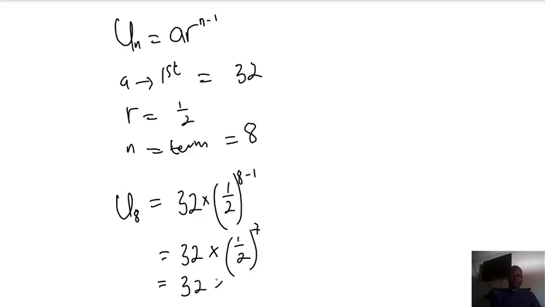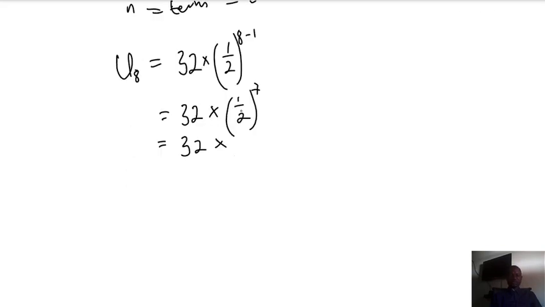So we have 32 times 1 exponent 7, which will give us 1, over 2 exponent 7. What will 2 exponent 7 give us? Because 2 exponent 5 will give us 32, 2 exponent 6 will give us 64, and 2 exponent 7 will give us 128. So we have here 128.